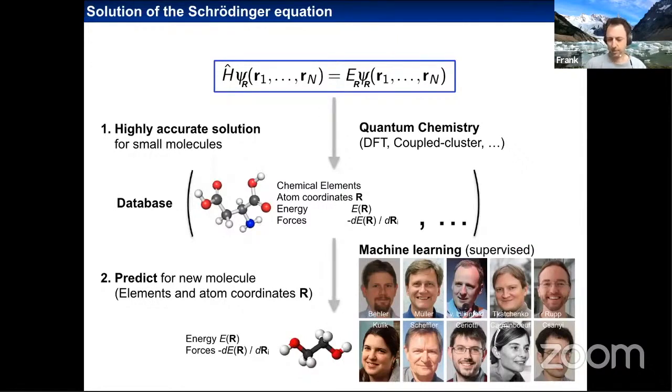This is not what we do, but it is very interesting because the state of this field is so advanced now that if you have a suitably large database, then you can make predictions across a certain part of chemical space or across a certain set of chemical compounds, such as small organic molecules, for example.